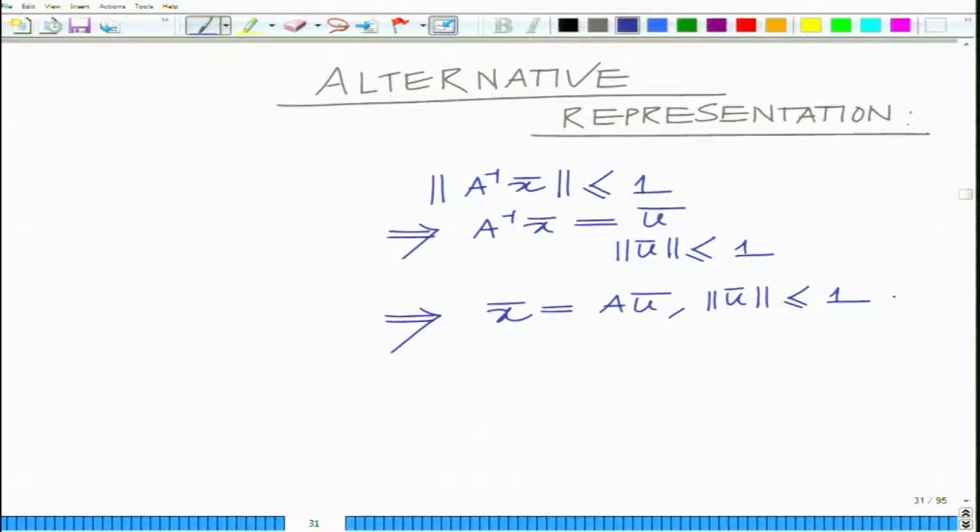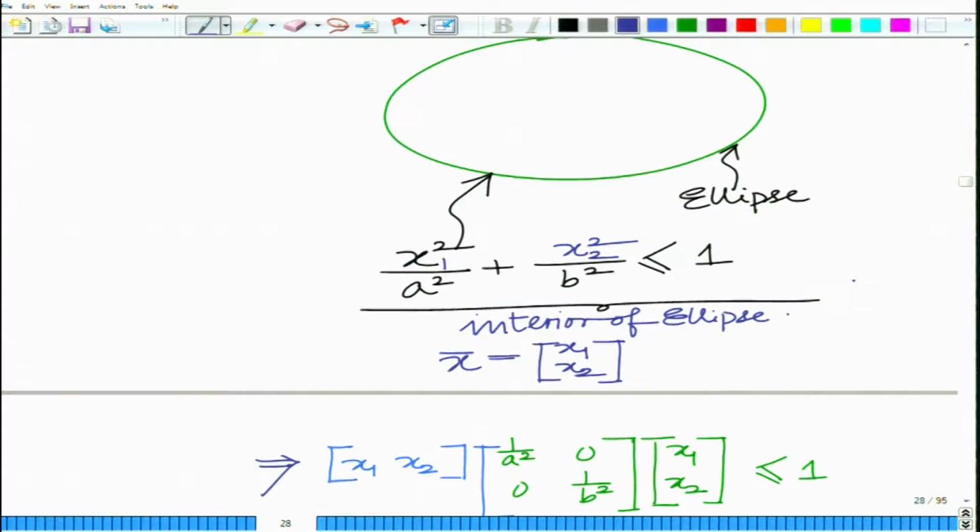Now, this is for the ellipse with center at the origin, remember, the equation we started with has its center at the origin.